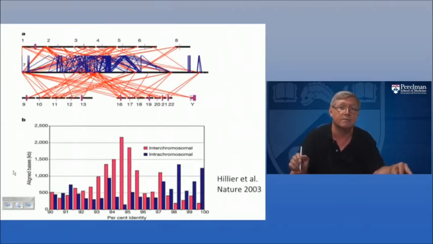This is an example of the segmental duplication organization of human chromosome 7, which is shown in the central part of panel A. The segmental duplications that are duplicated within chromosome 7 are shown in blue. Those duplications that are present on non-chromosome 7 places in the genome are shown in red.